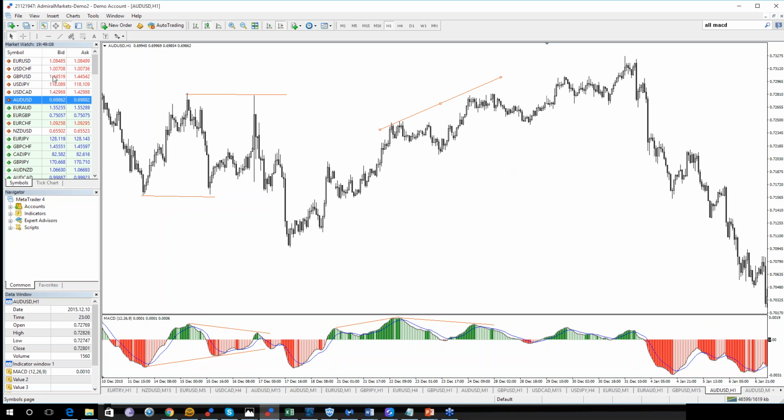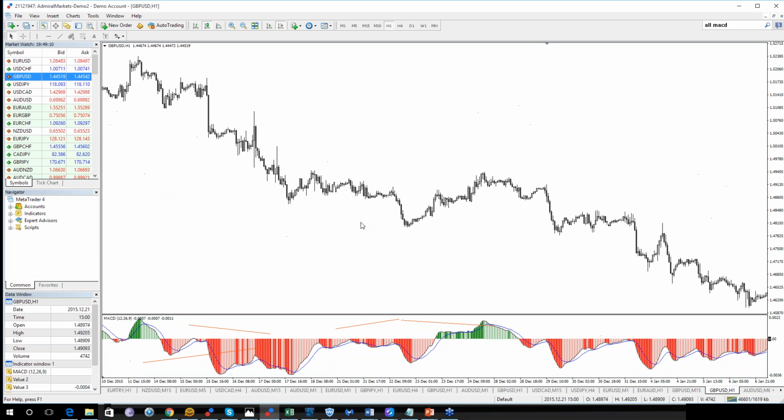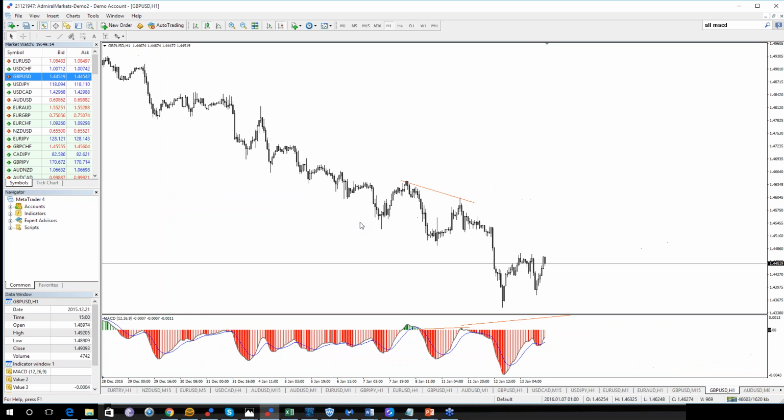Now let's say GBP. Let's see GBP example. I don't see any particular divergence here. Which time frame of GBP, Apostolos?